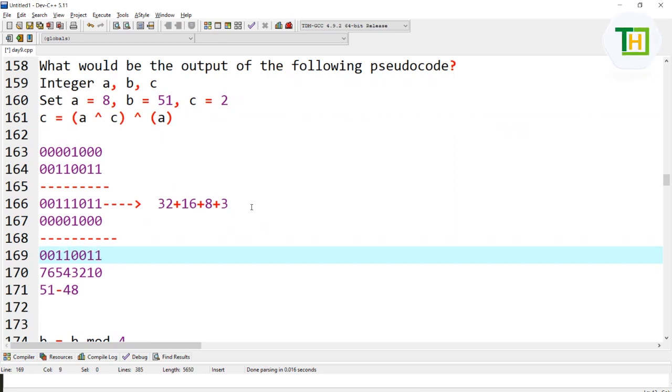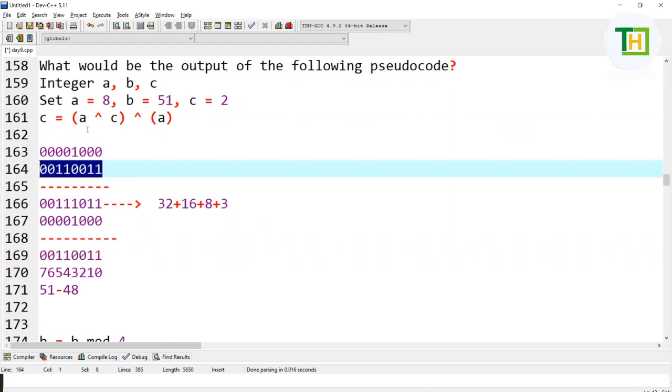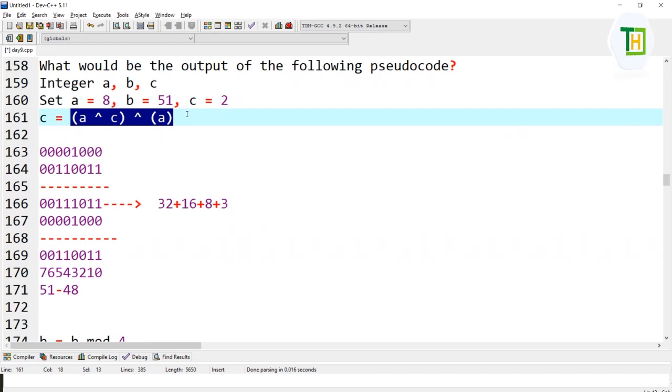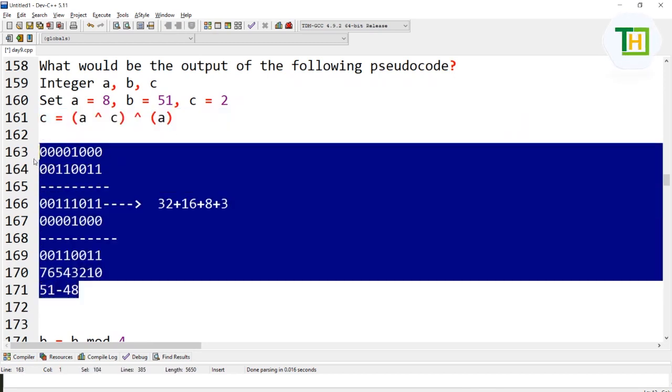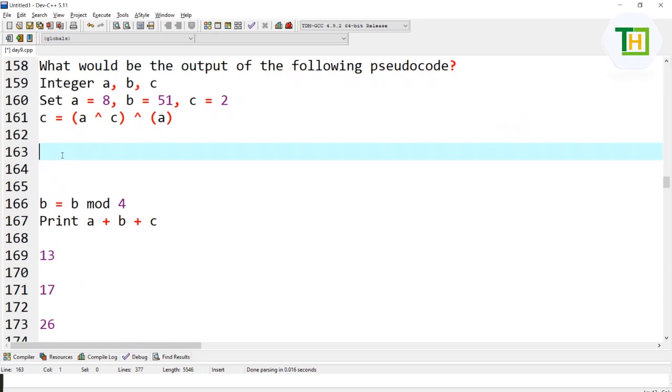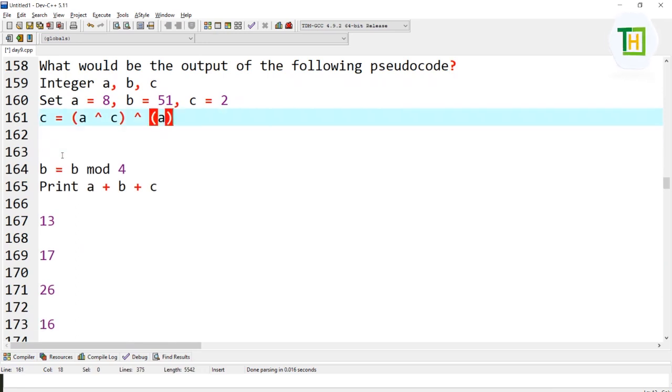And if you observe here, this is exactly the value of 51, right? That means A is added and A is deleted here. That means again the value is going to be 51 only. C value is 51 now.